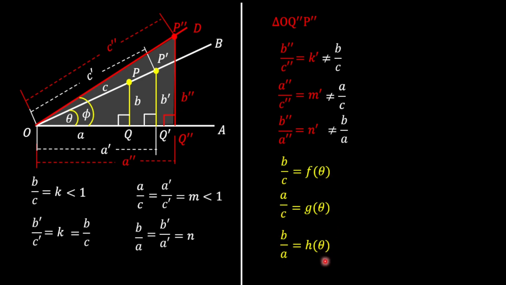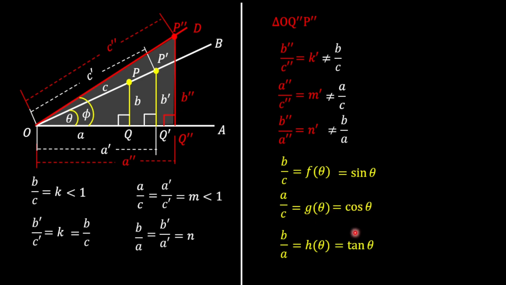Now, the founders of trigonometry preferred not to use functions like f, g, and h. Rather, they specified the names of these functions and wrote for the f function sine of the angle, and for the g function, they preferred to write cosine of the angle.